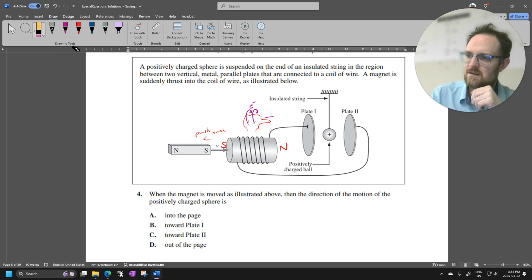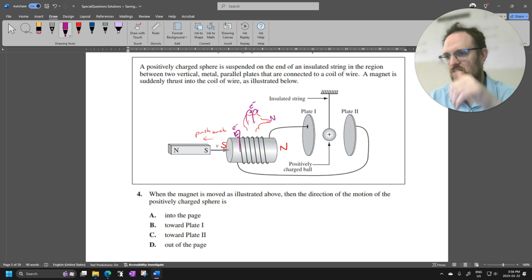I don't know why I put a thumb there. This is my second rule. So put a north here. That's my thumbnail there. This is the back of my hand. So my fingers are going that way. So based on this picture, my electrons are going up the top and down the back, right? Based on how my hand is wrapped.